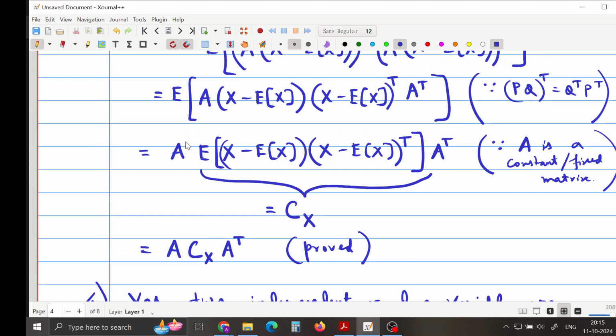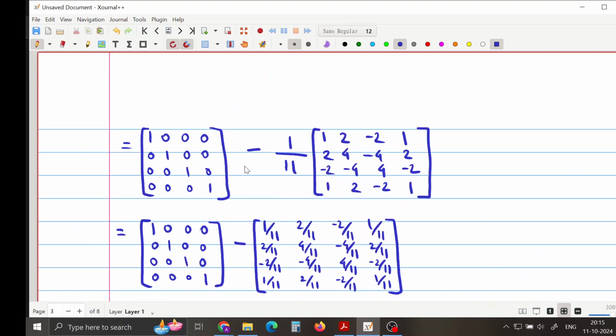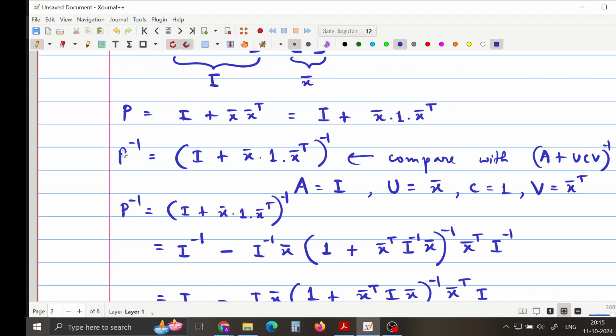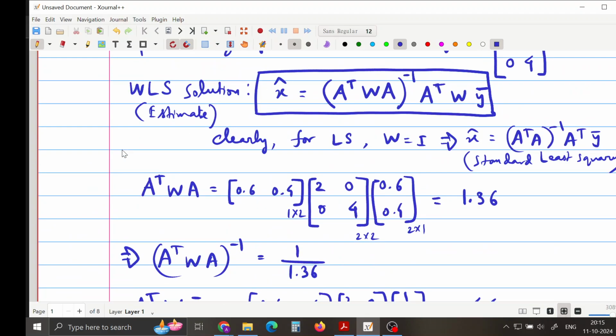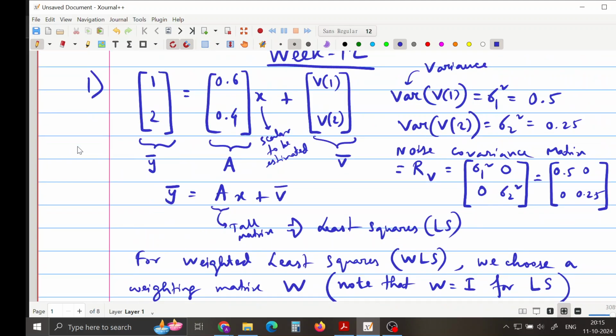We have also seen the contents from week 12, namely the Woodbury matrix identity and how we can use it to compute the inverse efficiently, and also how weighted least squares approximation works.